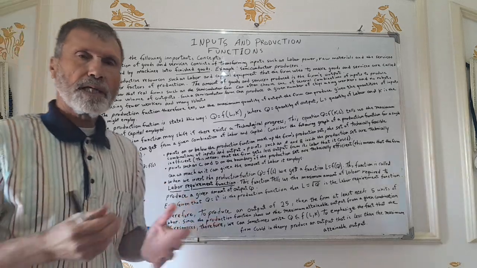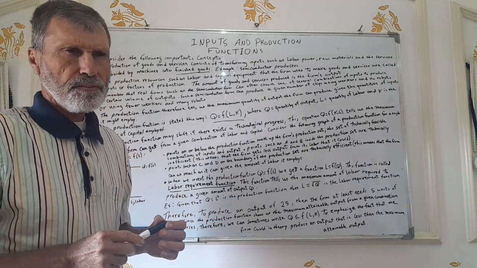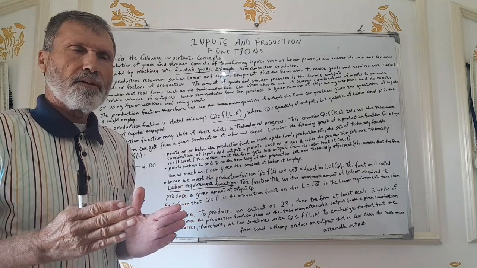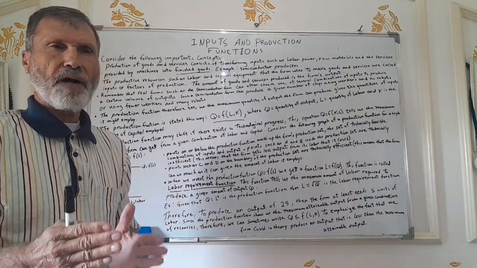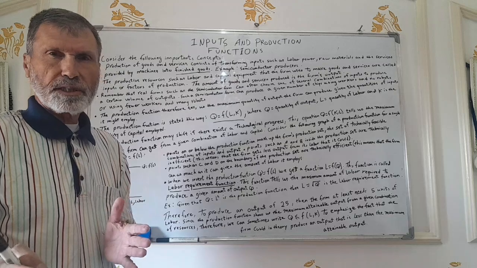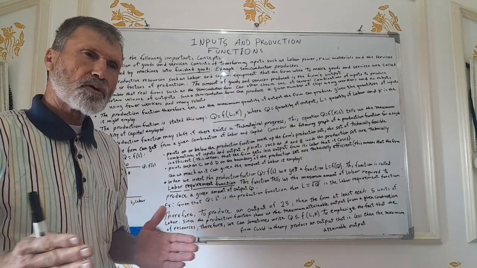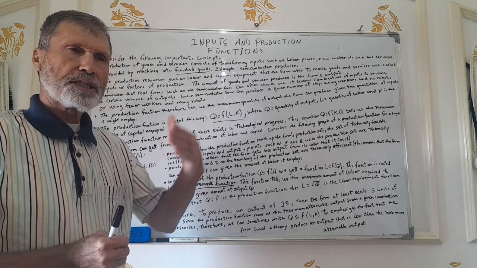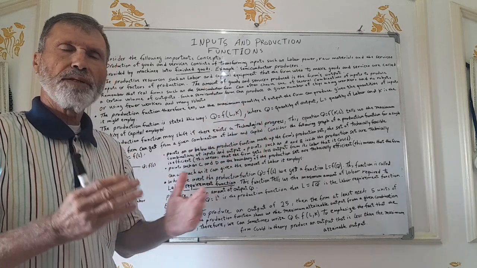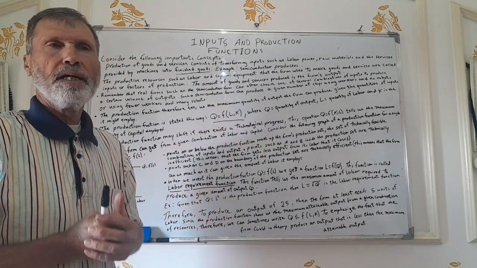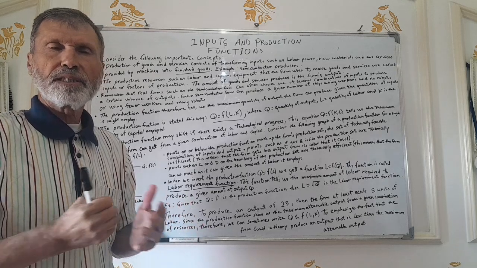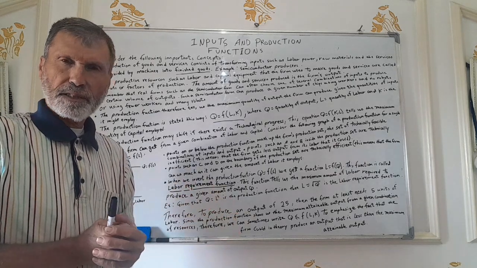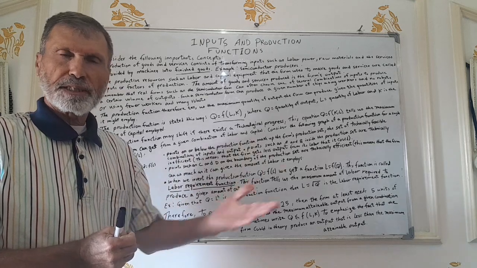Now, when we're talking about inputs, remember, we have inputs, or another name for inputs is factors of production or resources. We have, of course, as you know, 4 kinds of inputs or resources or factors of production, such as labor, which consists of the physical as well as the mental services that are used to organize the other inputs to produce goods and services.